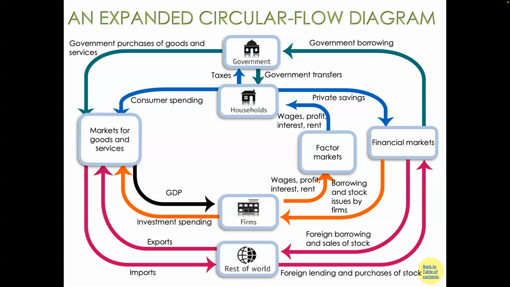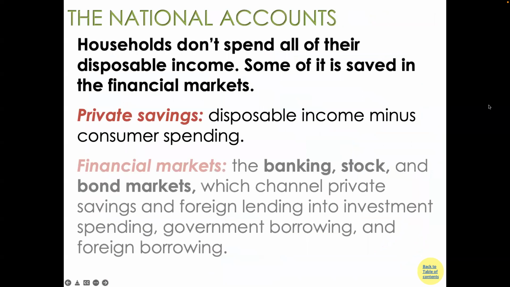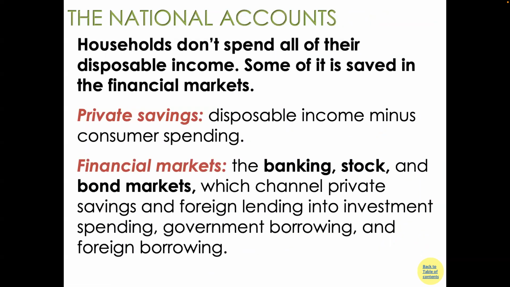Are you with me? Okay, so now we're going to see some definitions, but they're already built into the discussion. First, private saving. Essentially that's disposable income minus your consumer spending.